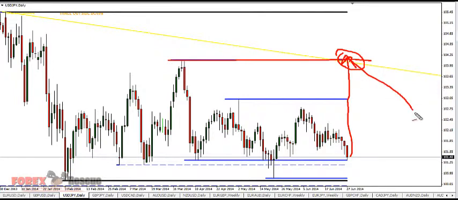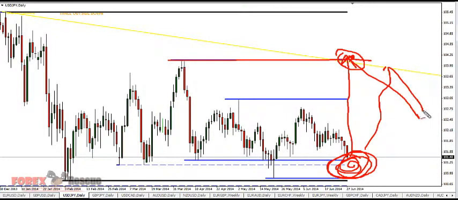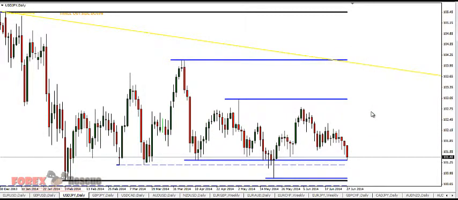So we'll be looking for a price action setup to go short from here. But meanwhile, this zone is where we'll be looking out for a price action setup to go up, and once it comes here, we'll look for a trade downwards. Now that is the trade setup for USD-JPY.